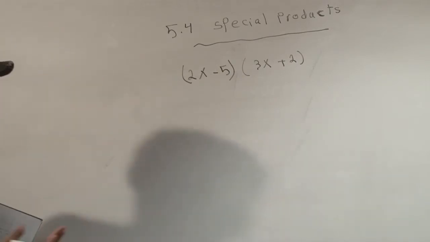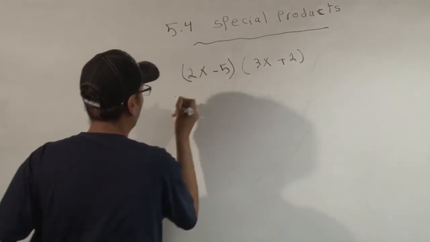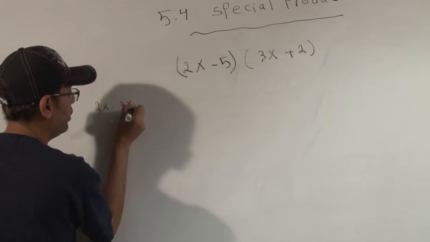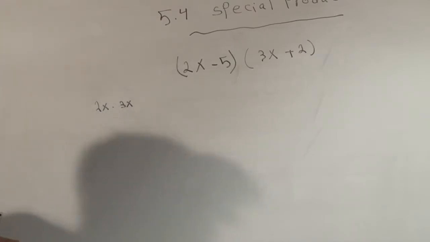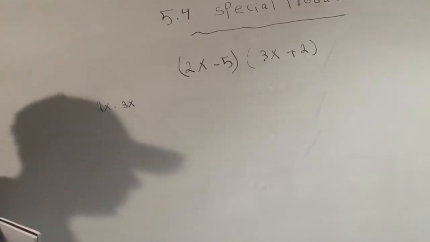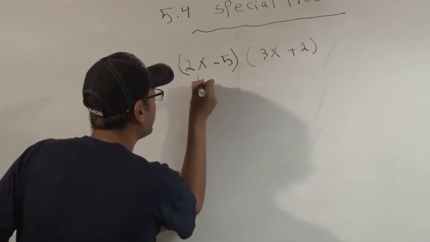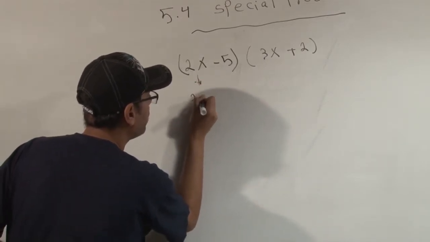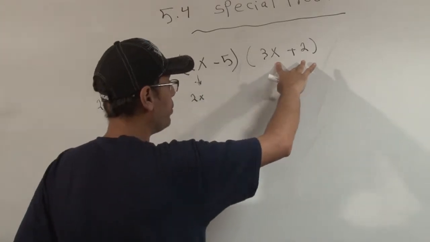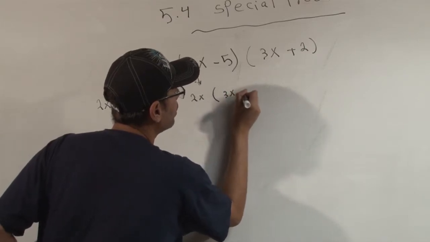We have learned before that if I have two sides like this, I would say 2x times 3x. Right now, I'm going to use the same way, but with more than one term. So let's try to do that. I'm going to take the 2x here and multiply it by the whole polynomial, 3x plus 2.